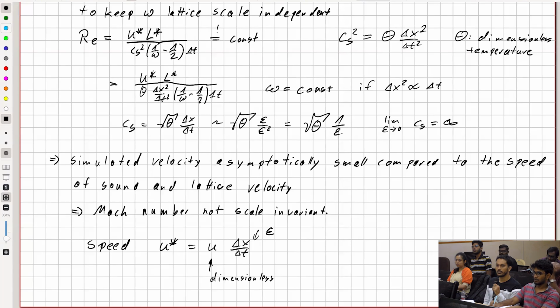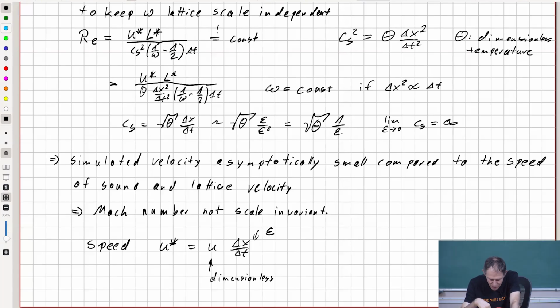Now delta x and delta t, if you do the translation, are now, of course, physical units. The idea behind this is we express this u in terms of delta x and delta t.